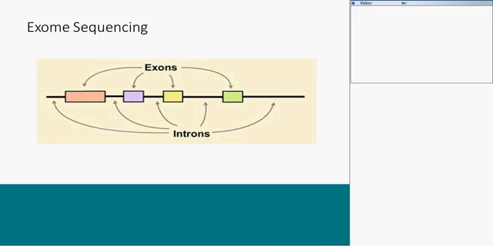The other parts of the gene, not shown in this picture, are also important. They can maybe turn off the gene or turn on the gene, but the parts that we analyze during exome sequencing are the exons, and I'll tell you why. First, we do not have a lot of information about introns and other parts of the genes. The thing is that we know that mutations, or as I explained to you, variants that cause disease, 85% of them happen in exons.